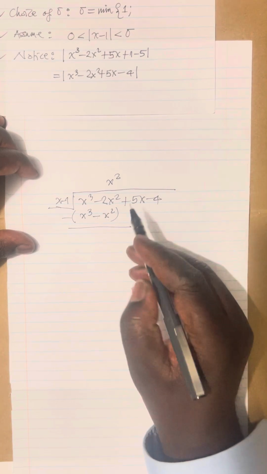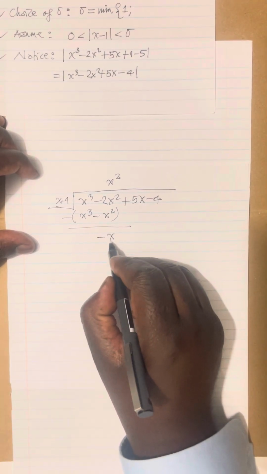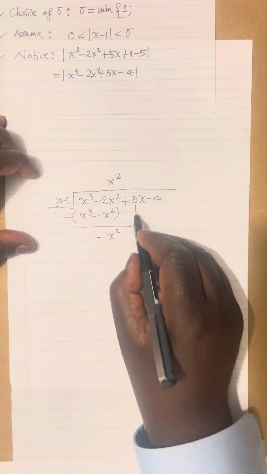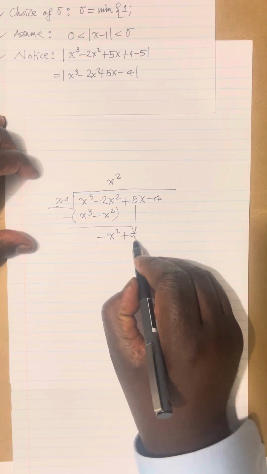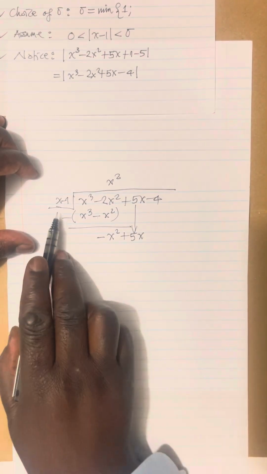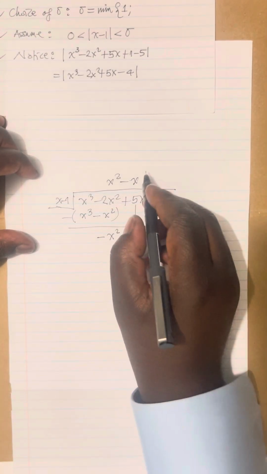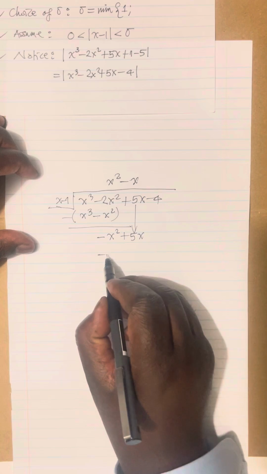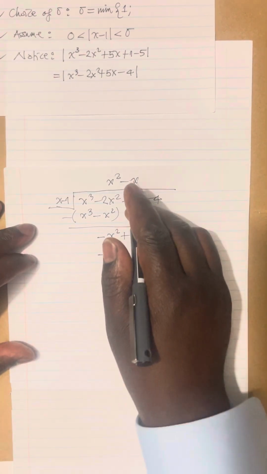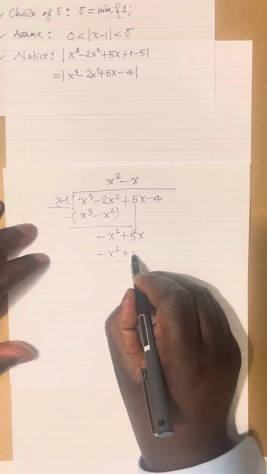And minus 2 plus 1 is minus 1, so this is minus x squared. Drop this 5x. Then you take x again into minus x squared. The answer is minus x. Take minus x multiplied by x is minus x squared. Take minus x multiplied by minus 1, the answer is positive x.